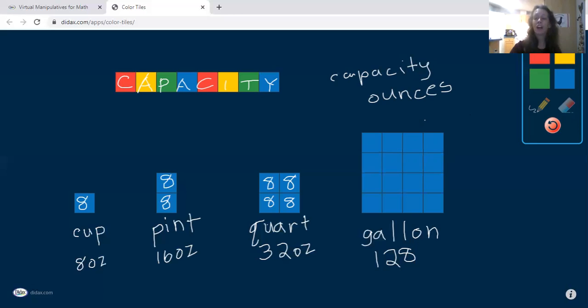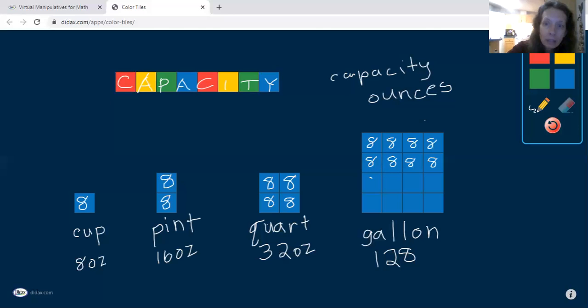Wow, that's a lot, isn't it? And each one of these squares has 8 ounces in it. Let's write our 8s in here. 8 ounces plus 8 ounces plus 8 ounces plus 8 ounces plus 8 ounces plus 8 ounces plus 8 ounces plus 8 ounces plus 8 ounces.